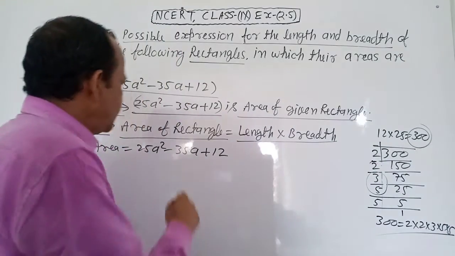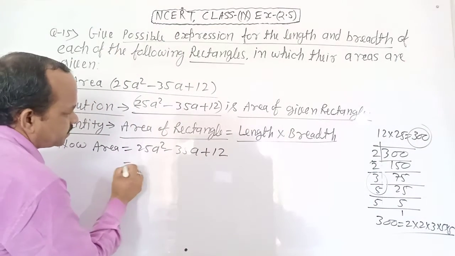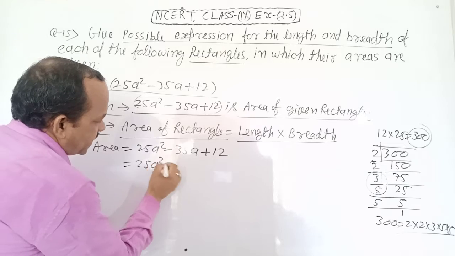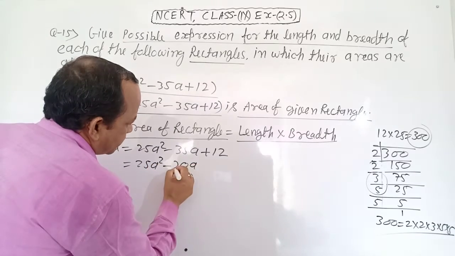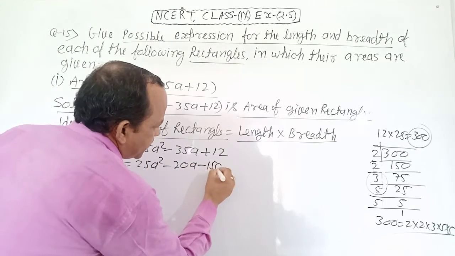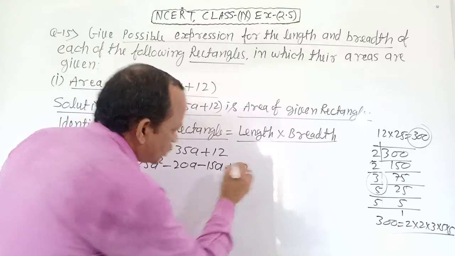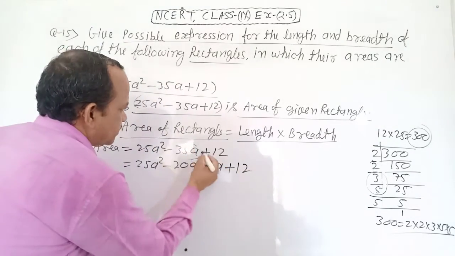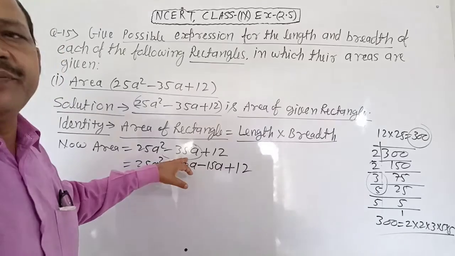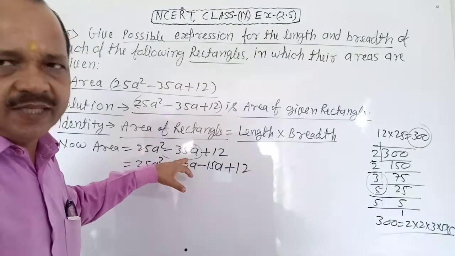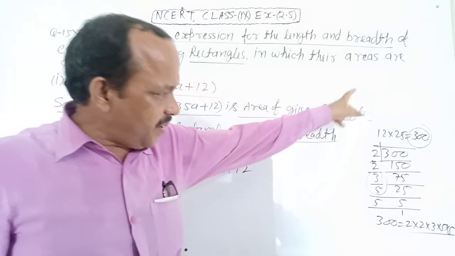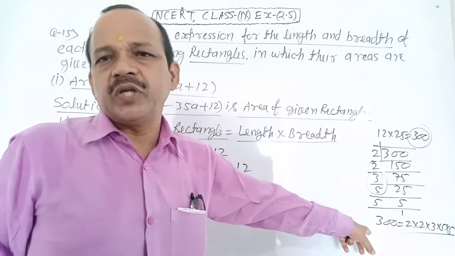Very good. Here you can write 25a square minus 20a minus 15a plus 12. Here you split minus 35 by the help of factors of 300.